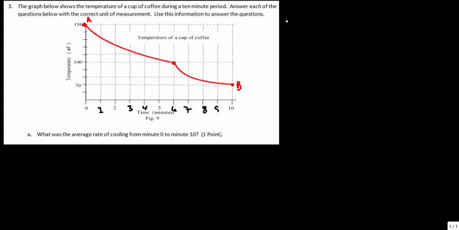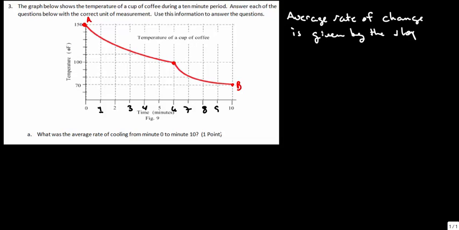So remember that an average rate of change is given by the slope between the objects that we're looking at. So we need these points here.